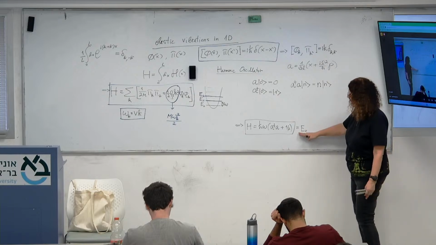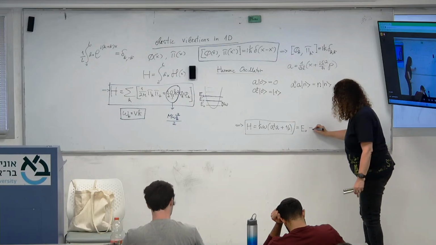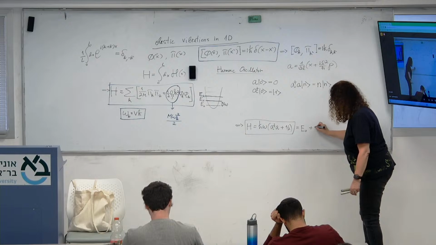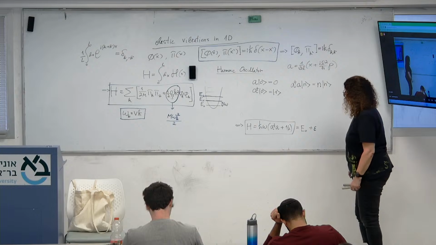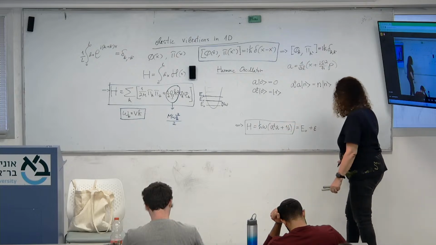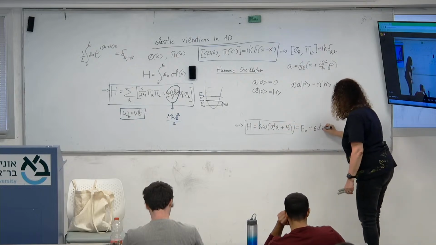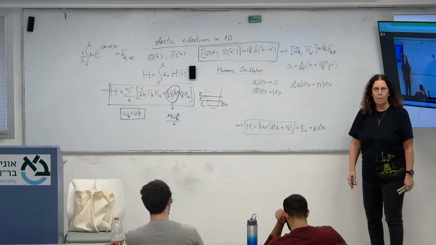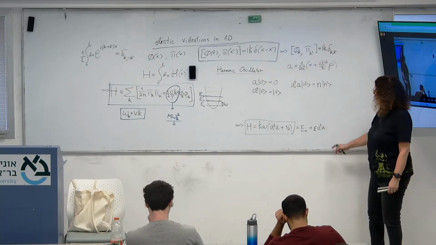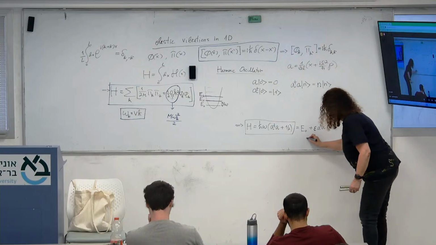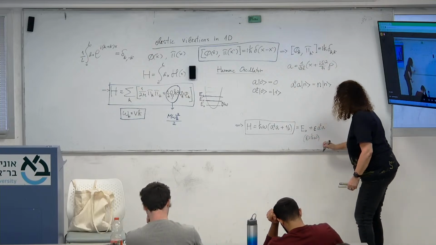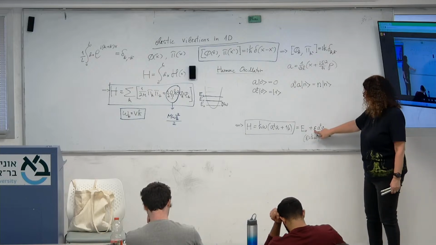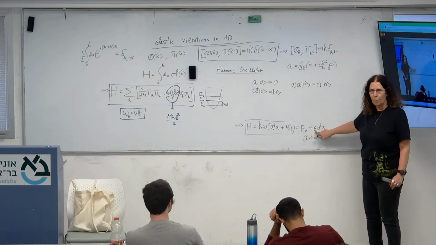There's a ground state energy plus some constant quanta of energy, which happens to be h bar omega, times A dagger A. Okay, that's the form of the Hamiltonian. And epsilon is indeed h bar omega, but what is important to notice is that it's a constant.